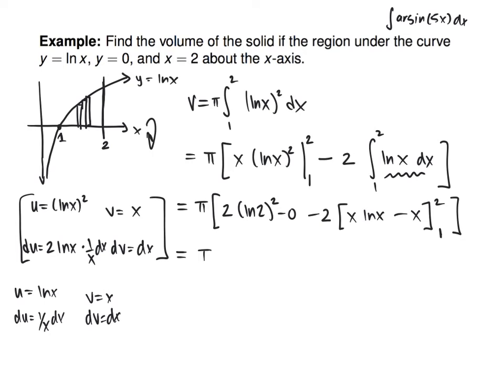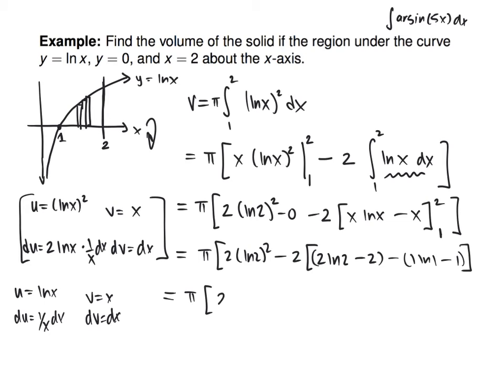Just be really careful with negative signs. Pi times 2 ln 2 squared minus 2 times 2 ln 2 minus 2, minus 1 ln 1 minus 1. Do you see what I mean about negative signs? So you have pi times 2 ln 2 squared minus 4 natural log of 2.